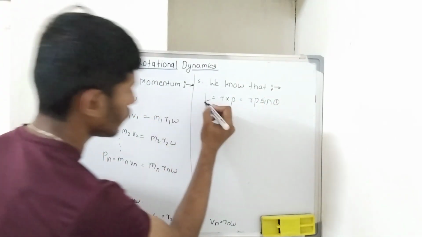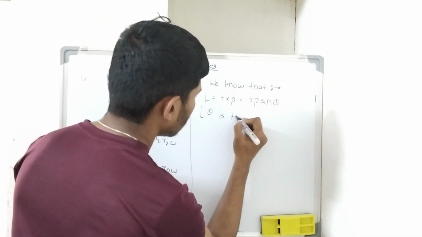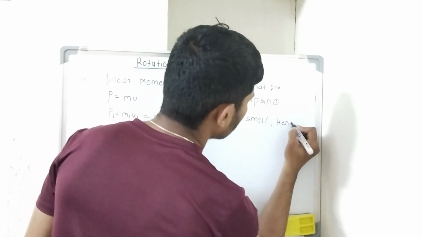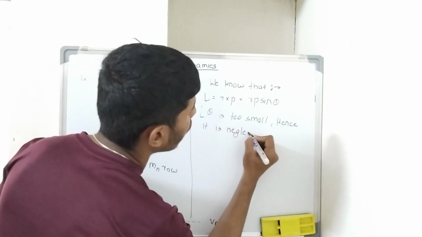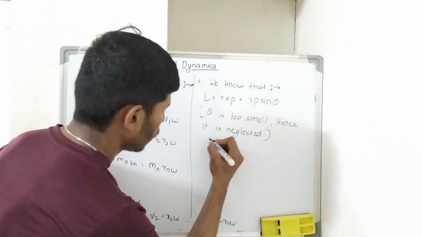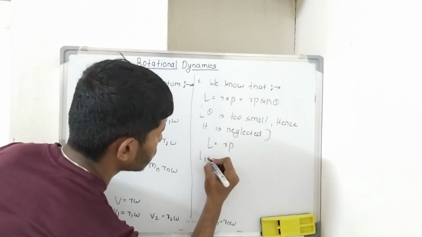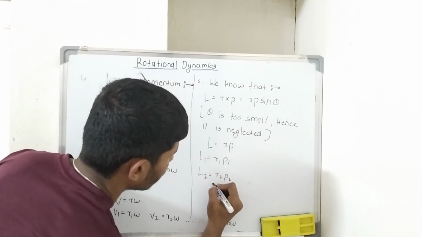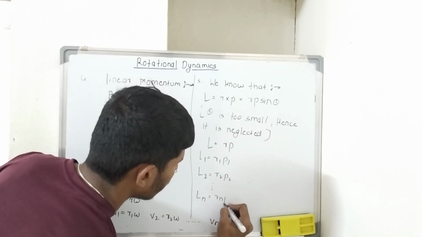The reason is that theta is too small to calculate, hence it is neglected. Now what will be the formula? It will be L is equal to R p. For individual masses it will be L1 is equal to r1 p1, L2 is equal to r2 p2, similarly Ln is equal to rn pn.